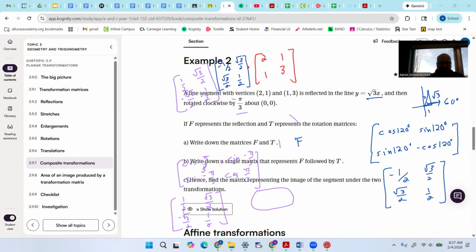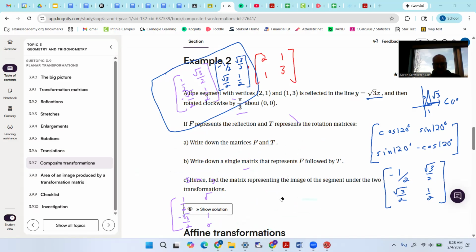So then it wants us to multiply these together into a single one. I do not feel like doing that by hand. Those are T, right? And it needs to be in that order, F followed by T. It has to work right to left. Yes. I did one of those wrong.